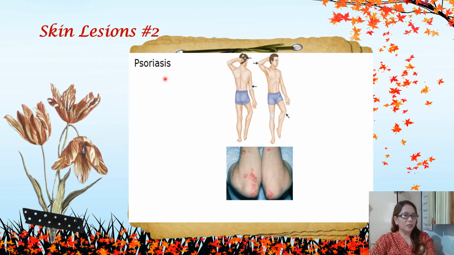Another example of skin lesions is psoriasis, which is a skin disease that causes red, itchy, scaly patches, most commonly found on the knees, the elbows, the trunk, and the scalp. This is common and long-term. Chronic daw ito na disease with no cure. Pwede lang siyang mag-subside in few weeks or months, but babalik din ulit.